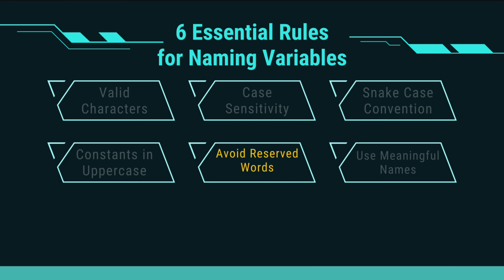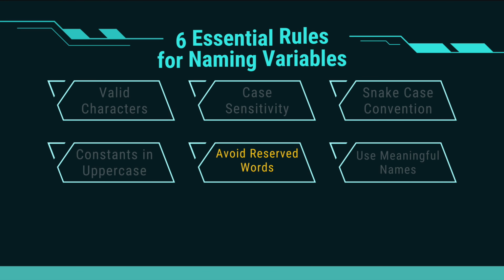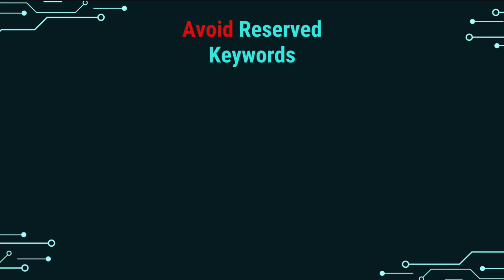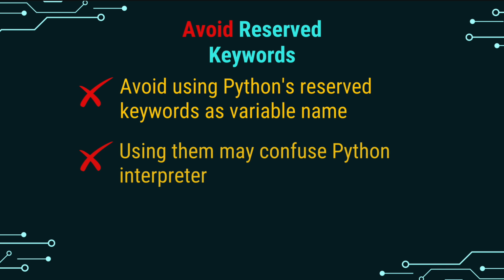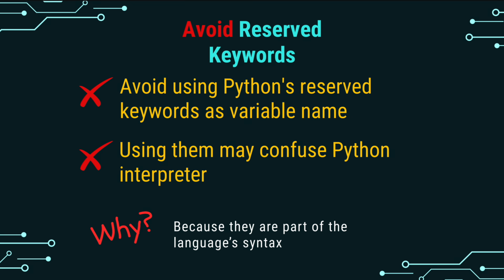Our next essential rule is about something we touched on earlier: how to properly avoid reserved words. As a reminder, you must avoid using Python's reserved keywords as variable names. Why? Because these words are a core part of the language syntax. Using them for variables confuses the Python interpreter, which expects them to have their special meaning, and will result in a syntax error.